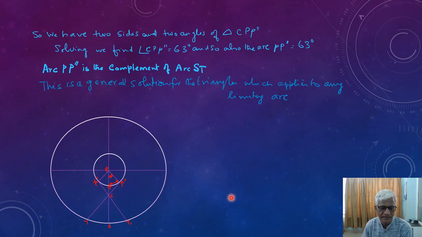Now 63 degrees is the complement of this arc, which is 27 degrees. So this is a general solution for these two triangles. For any angle of limiting arc that you make, the arc through which the pole moves up to the limiting point will become the complement of the limiting arc which you have made.